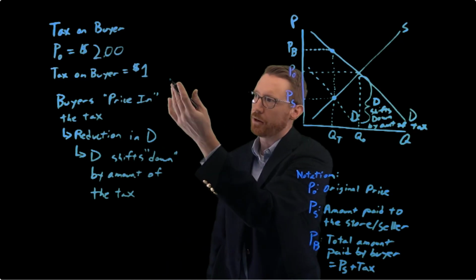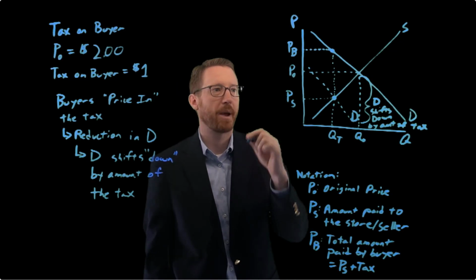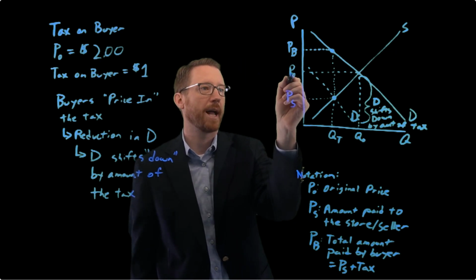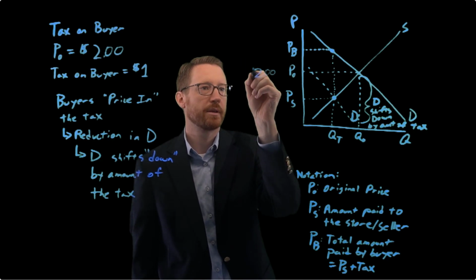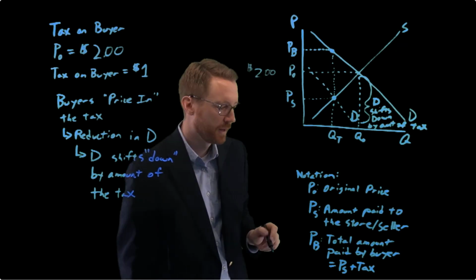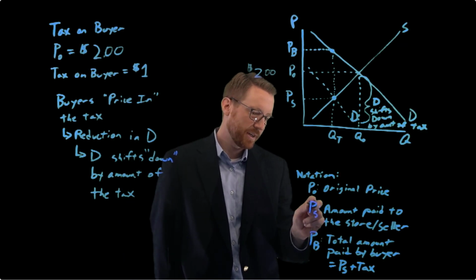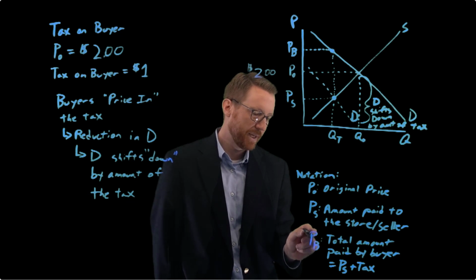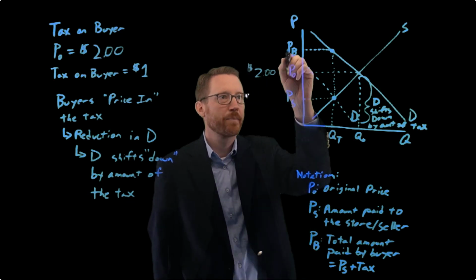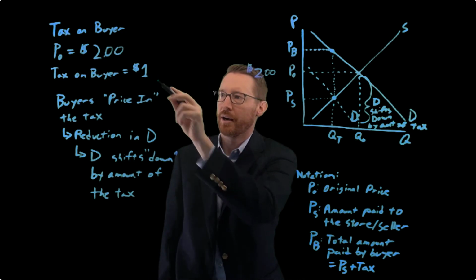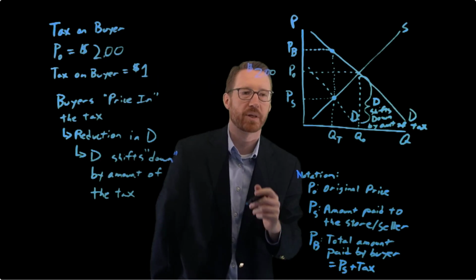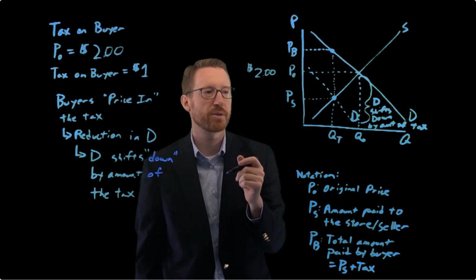So if we said that our original price, maybe for a bag of M&Ms, is like $2, that means P naught is $2. And if the difference between P sub S and P sub B is this tax, then the gap between those two has to be our $1 tax. So let's suppose the price was $2.